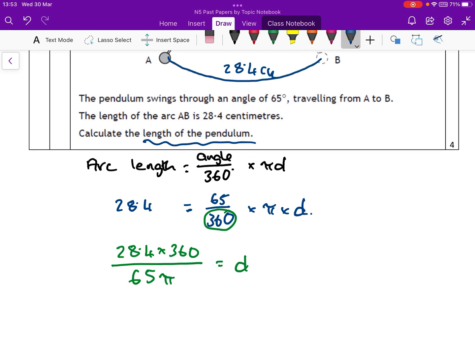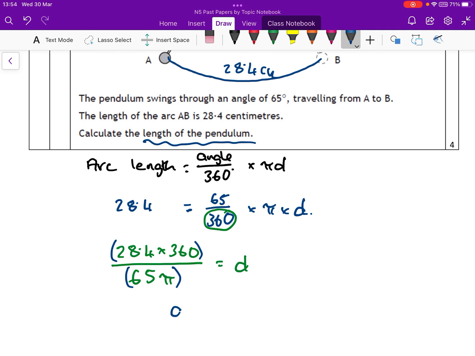One hint: when you're putting this into your calculator, you might want to put a bracket around your numerator. So 28.4 times 360, use brackets or press equals, then divide by, and please make sure you open a bracket here, so it's 65 multiplied by pi, or just 65 pi, because if they're beside each other, it does mean multiply.